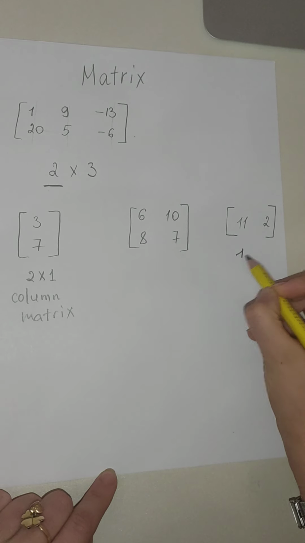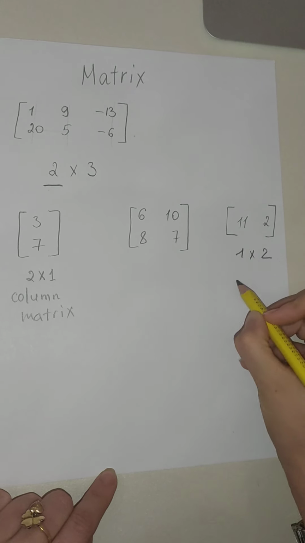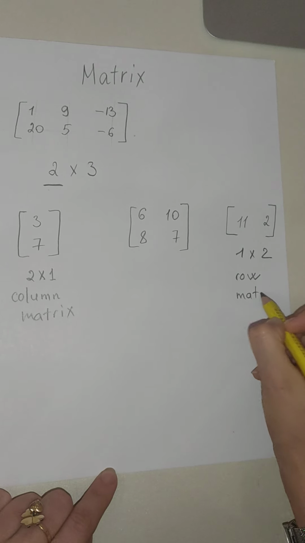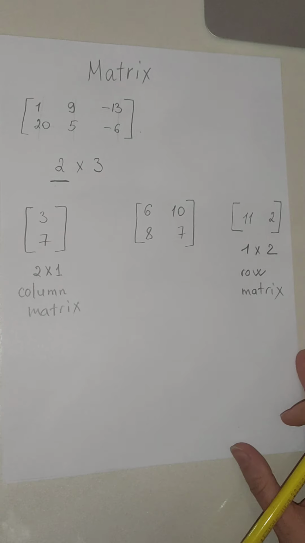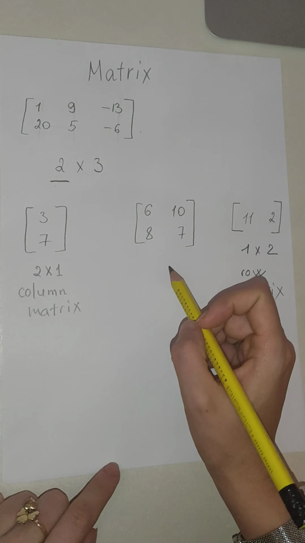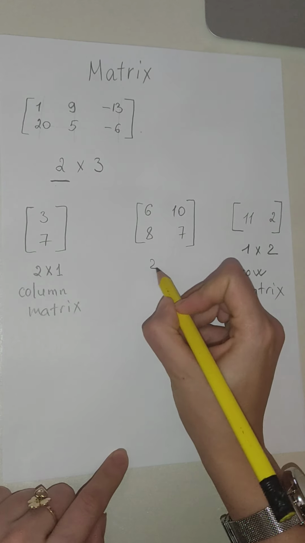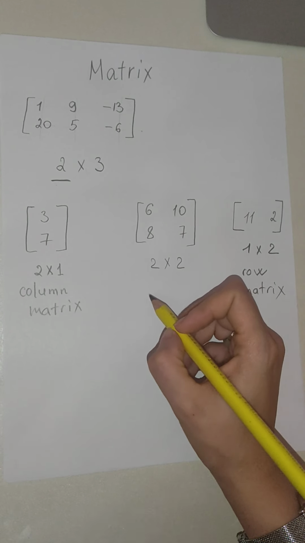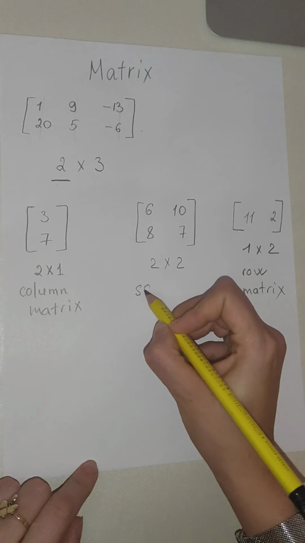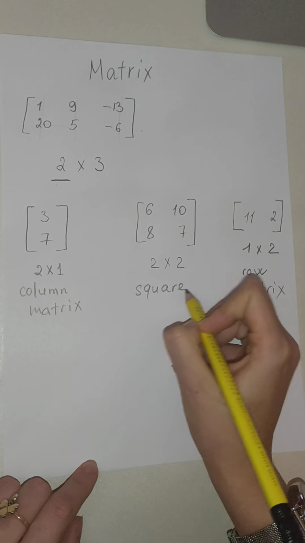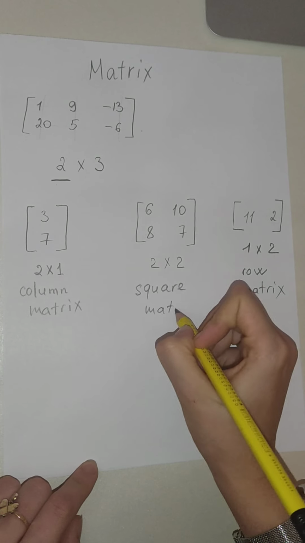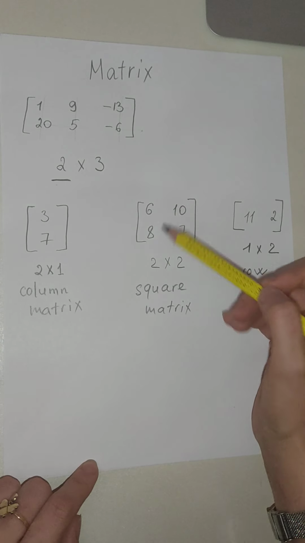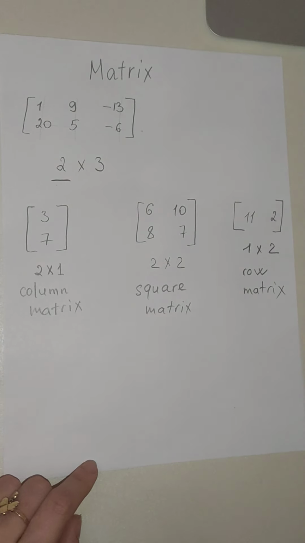It is 1 by 2 and this is a row matrix. This remaining matrix is 2 by 2 and this is a square matrix because it has the same number of columns and the same number of rows.